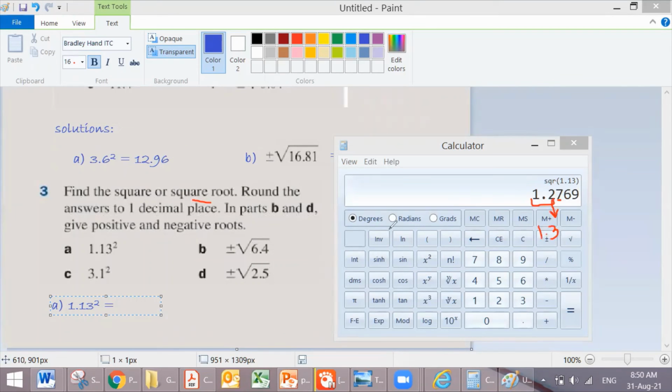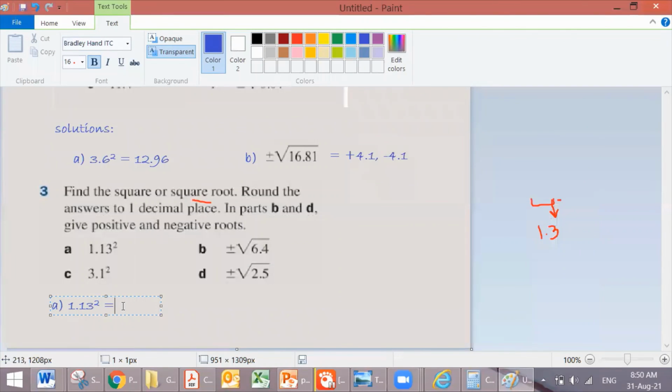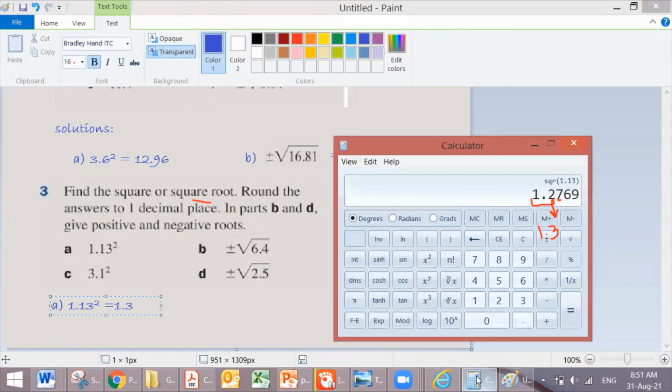Okay, I hope you recall it. So here I will write the answer as 1.3. I will not write the complete answer because the question says I have to write the answer at one decimal place.